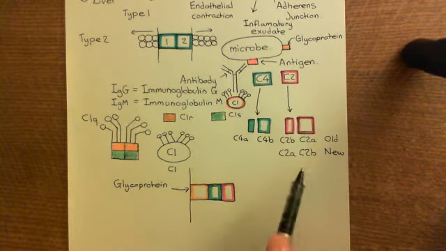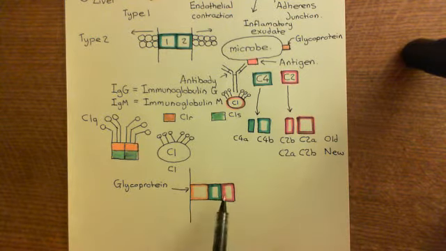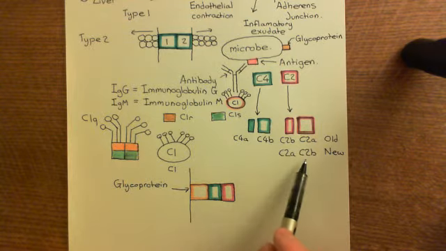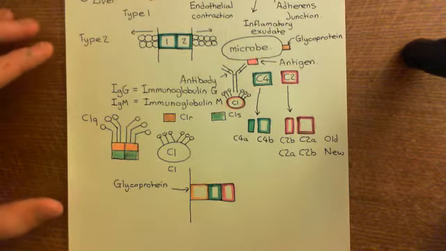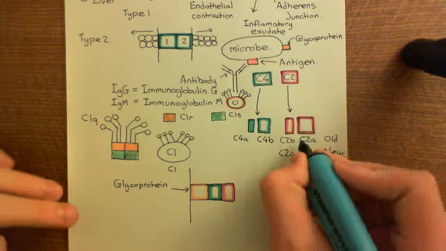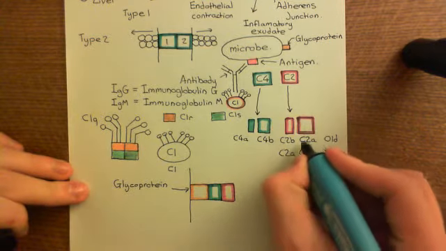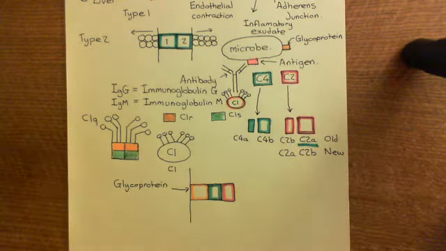But don't let it confuse you. If you go to different sources, you'll see the big piece, the piece which is important, referred to as both C2a and C2b. Because my lecturers used the old form, I like the old form, and therefore I'm going to call this big piece C2a, but you will see it referred to as C2b all over the place.